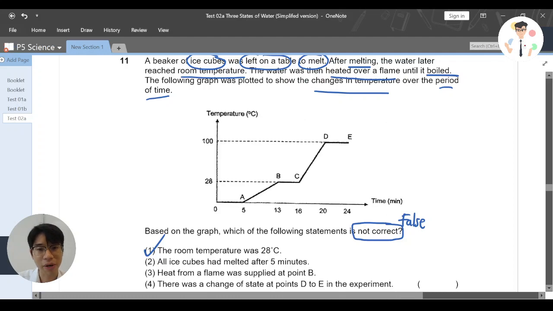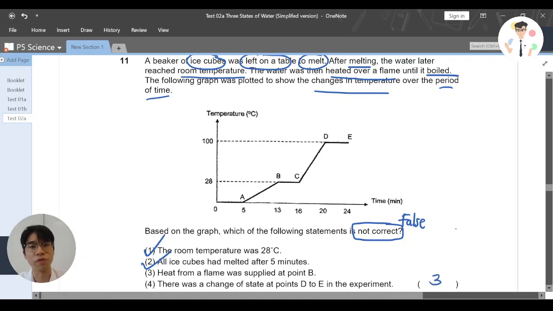After 5 minutes, the temperature increases, meaning it has already melted fully. So number 2 is correct. Number 3, heat from a flame was supplied at point B. Point B is maintaining the same temperature. Does it supply heat? No. It's supposed to be at C, because it slowly increases. So number 3 is false.